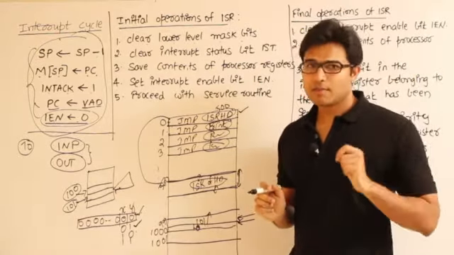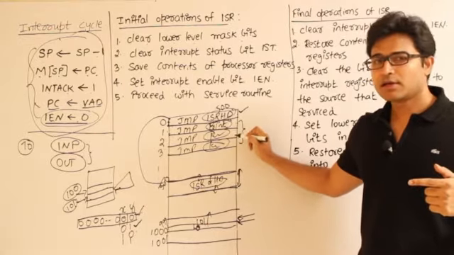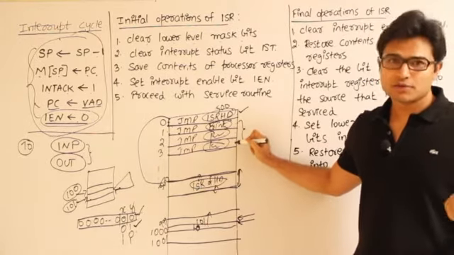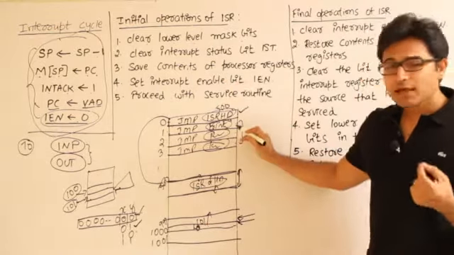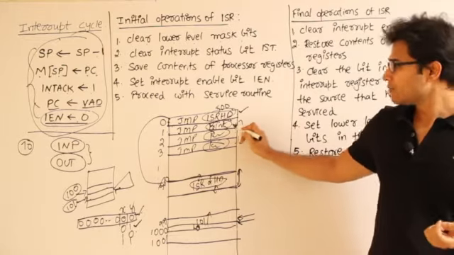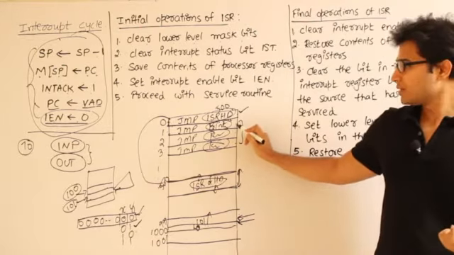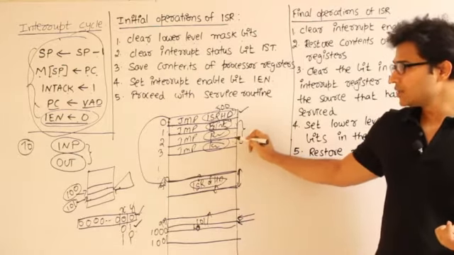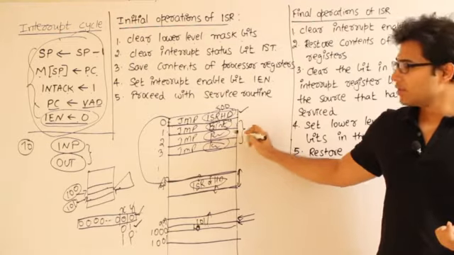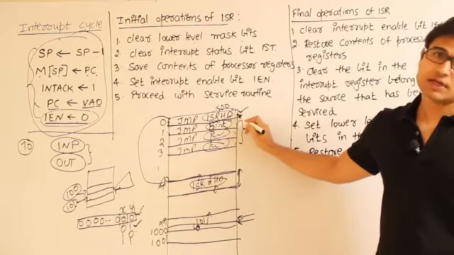If you are providing the service to the hard disk, all these 3 bits related to printer, reader and keyboard have to be set to 0. That is the meaning of it. If you are providing the service to the printer, you have to clear only these 2 bits, reader and keyboard. You need not clear this one; that one has to be left as 1.